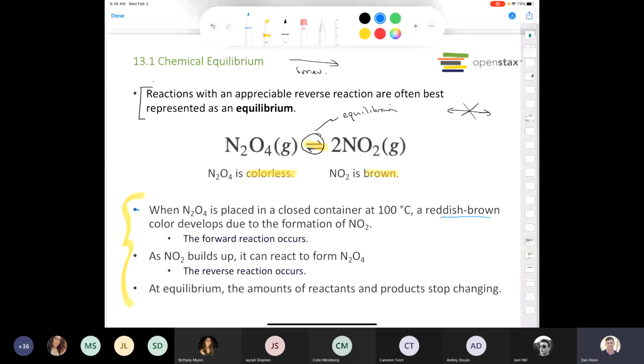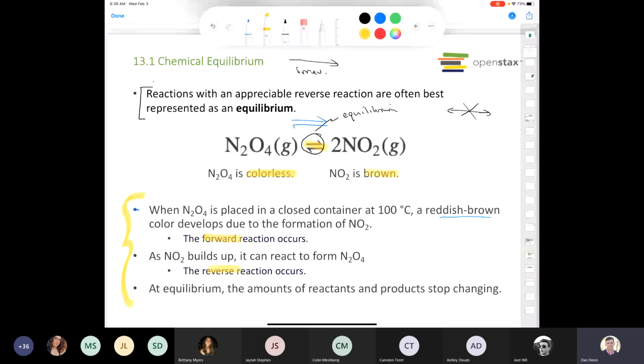Why is that? That's because the reaction is moving in the forward direction, isn't it? You're going from your colorless N2O4 to the brown NO2. Well, eventually you're going to build up enough of the NO2 that it's going to start reacting in the opposite direction, in the reverse direction, to reform N2O4. So now we've got a forward reaction and a reverse reaction.